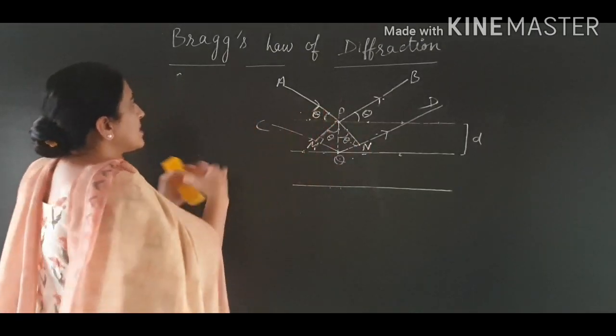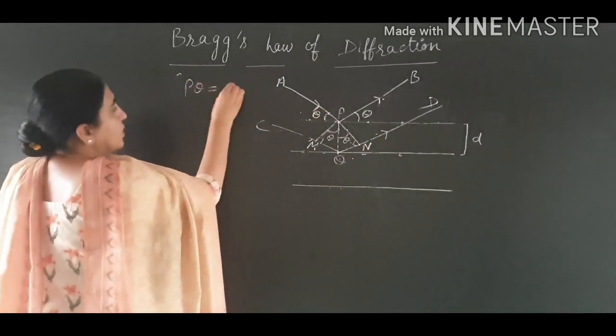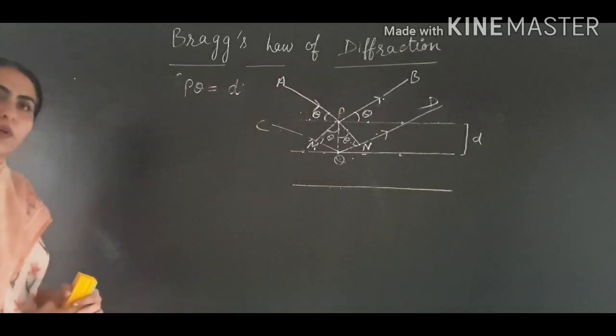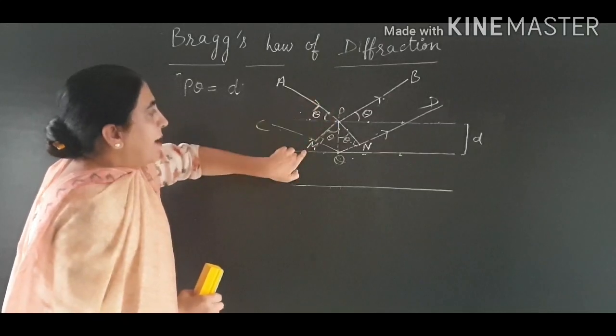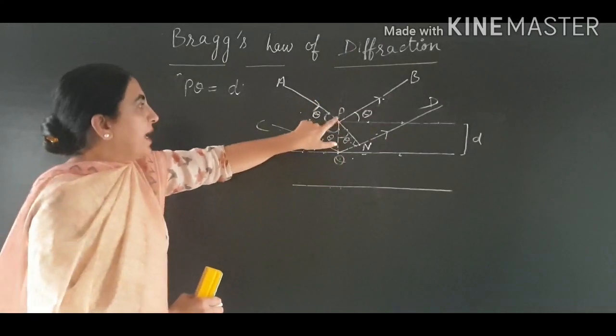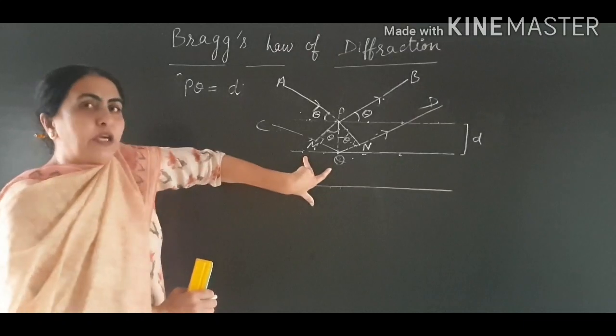And the distance PQ is equal to d. Clear? Now in triangle PMQ, what about MQ?